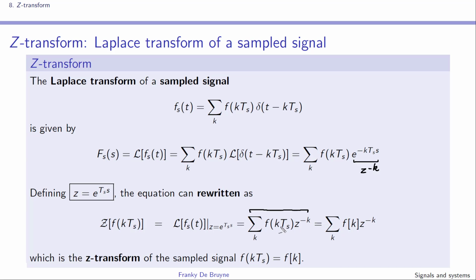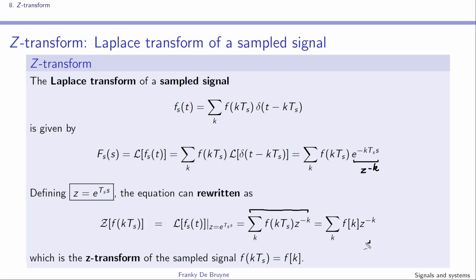And we're not going to drag the Ts along, so we'll just write it as we did before, right? For sampled sequences, we'll remember that there is a Ts in the background, but we'll write the sequence simply like f of k, right?